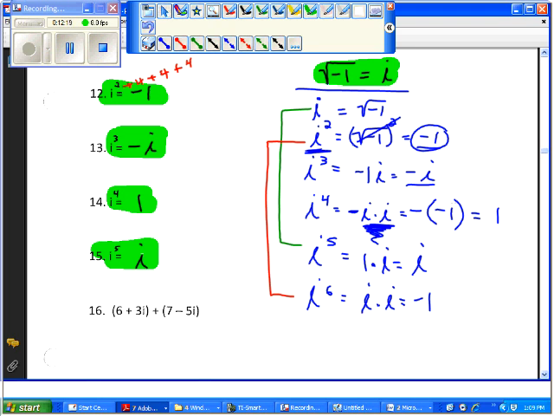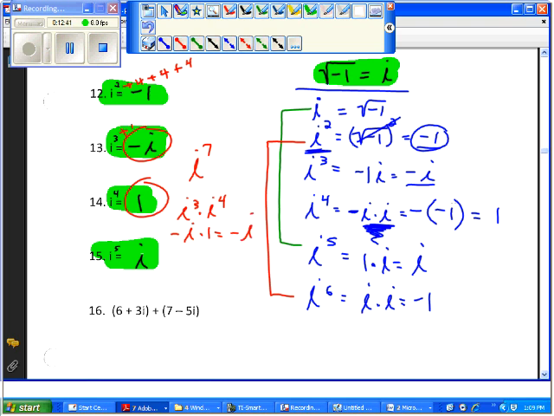And if you thought i to the 7th, here's what you could think of. i to the 7th is like these two together, right? Because it's really i to the 3rd times i to the 4th. So you could say, well, it's negative i times 1, which is negative i.